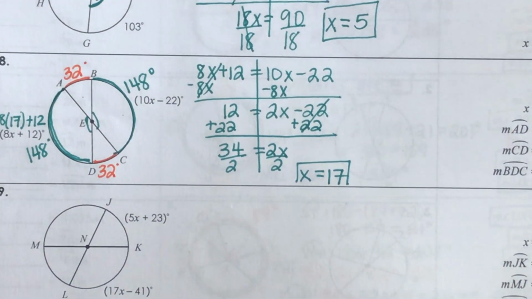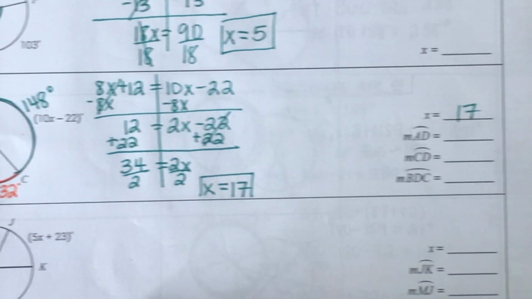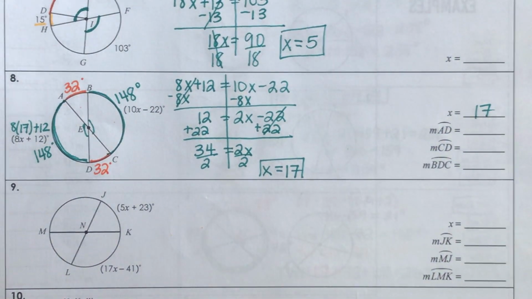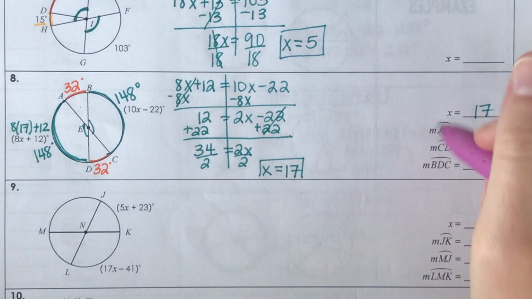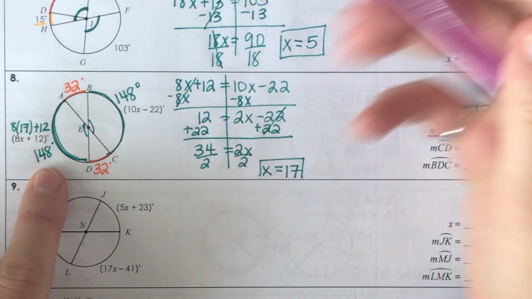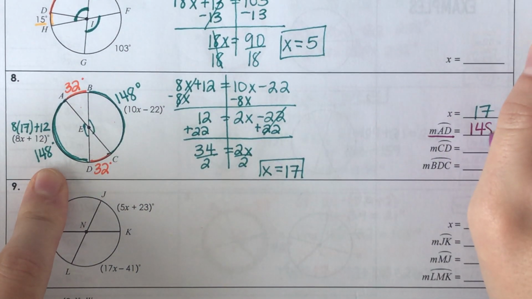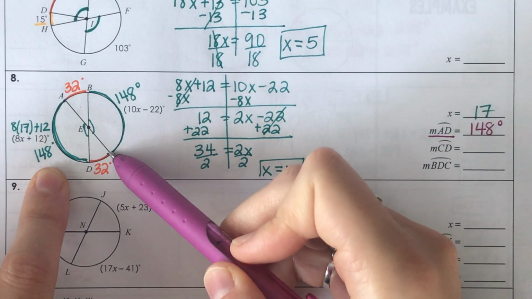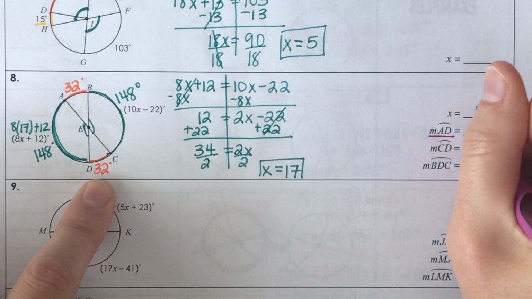Now that I have all those marks done, I'm going to solve each one of these arc lengths over here. So arc length AD, I solved it, it's 148 degrees. Arc length CD, I solved it, it's 32 degrees.